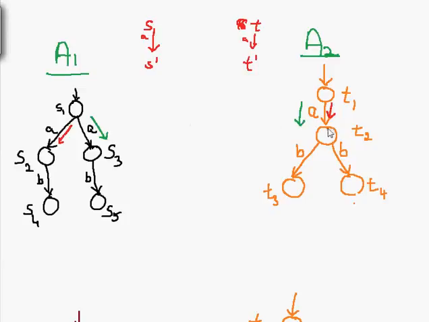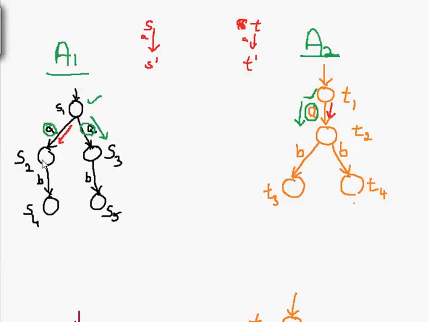I can use the same transition, because it depends on the action. If the action is the same, there's no problem using the same transition here also. For two transitions in A1, I can use a single equivalent transition in A2. But there should be a transition for that action from T1 to T2. Okay, this part is done.